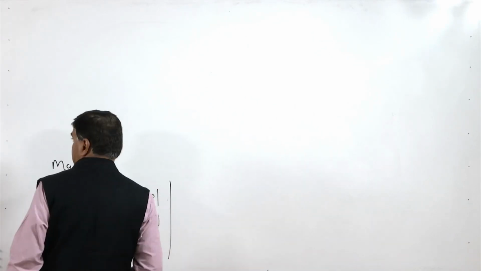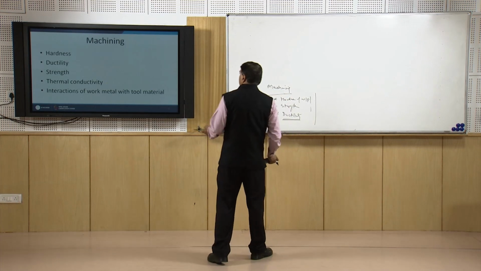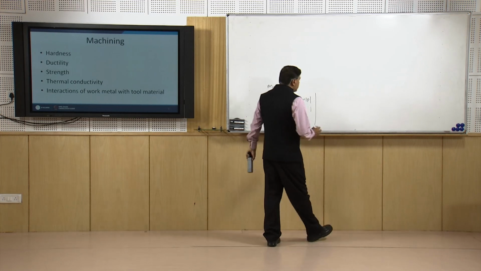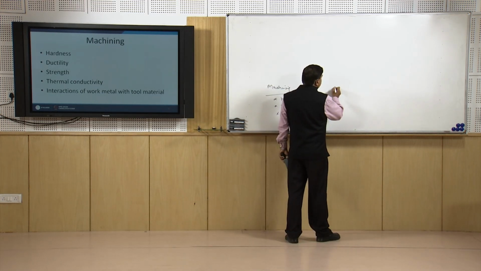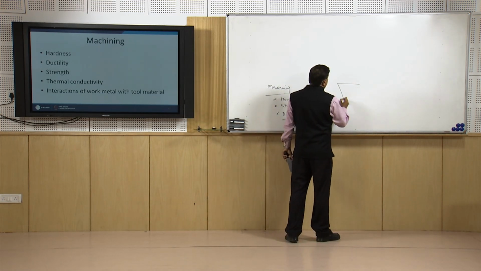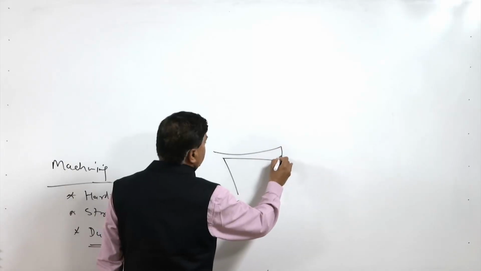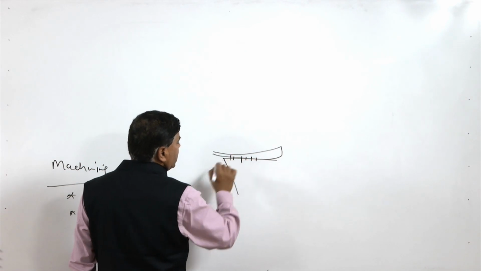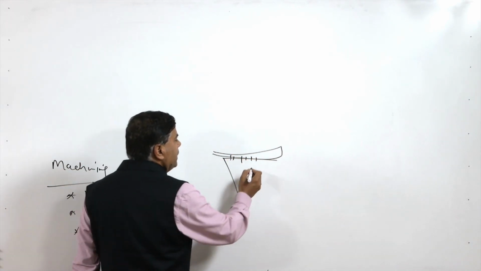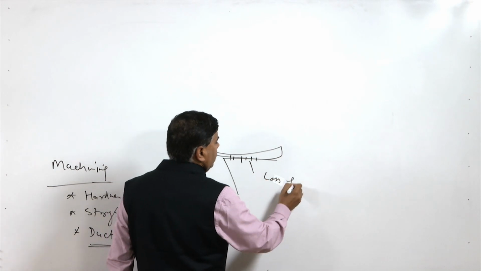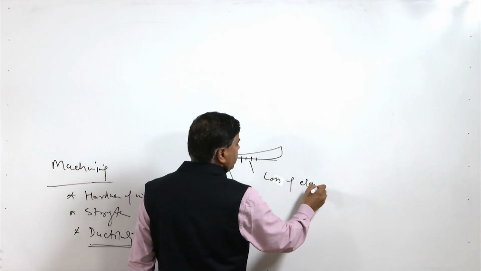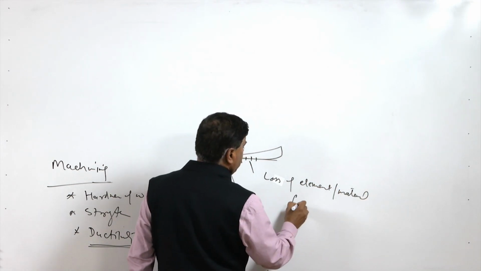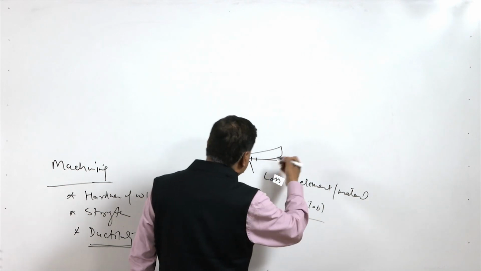Other properties related to machining include the interaction of the workpiece material with the tool. Here it is important, say this is the tool and the chips will be flowing after getting removed from the workpiece. If interaction between the two takes place, then this will lead to the loss of elements or materials selectively from the tool. This will weaken the tool.